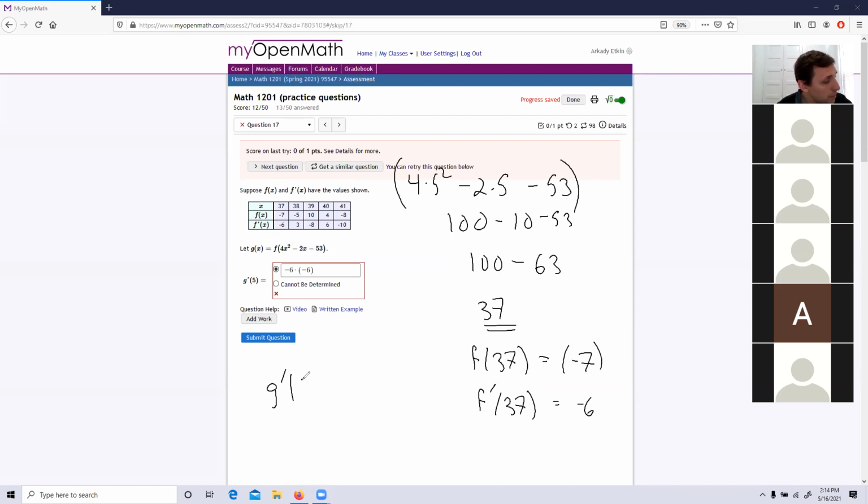G prime of 37, which is f prime, times the derivative of the inner thing, which is, I made a mistake here, 8 times 5 minus 2. Yes, so I made, of course, a mistake with the second one. So it's f prime of 37 multiplied by 8 times 5 minus 2.